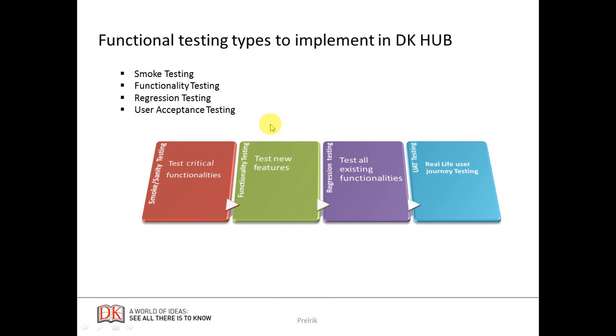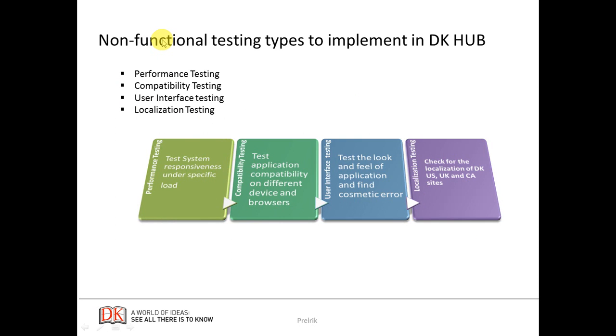So smoke testing, functionality testing, regression testing, user acceptance testing are part of functional testing that we covered earlier. Same applies for non-functional: performance. I told you that load and stress are two types of performance testing. Compatibility; user interface testing is usability testing; and localization testing is checking that there are localized things, like if there is any e-commerce site, and your site is available for the British market and for the American market, and the same product is available for both markets as well.